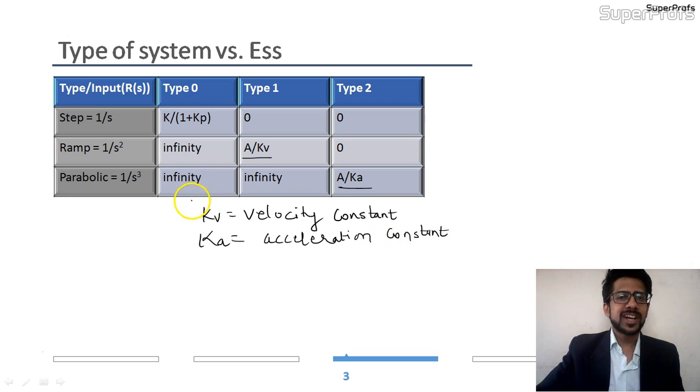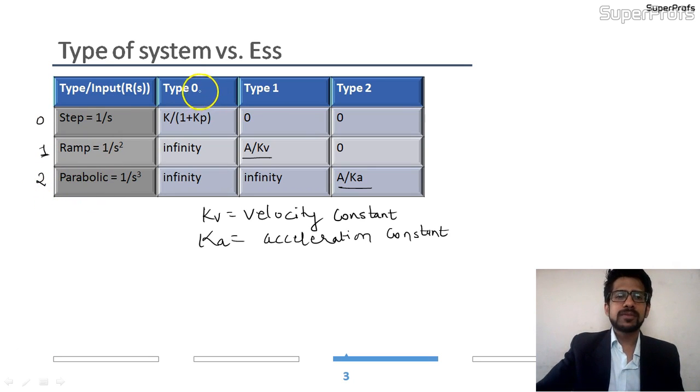Let us get into a trick to understand this table. Just assume the step input to be coded as 0, ramp input to be coded as 1, and parabolic input to be coded as 2. Now, we will call the step input equal to 0, ramp input equal to 1, parabolic input equal to 2.